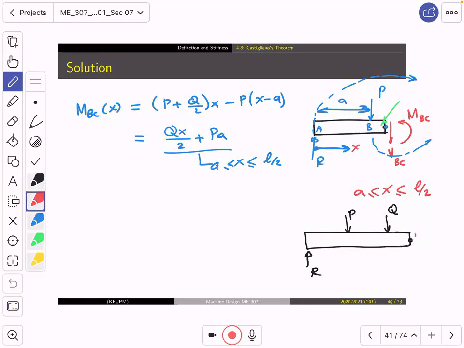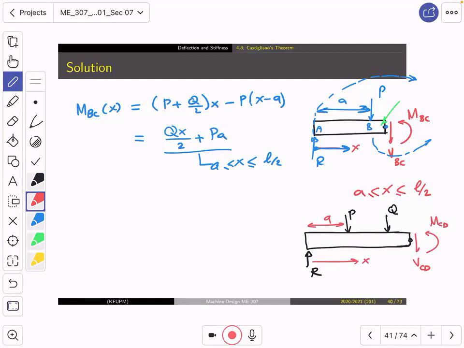Again, I will have a shear force, which I am going to call VCD, and a moment called MCD, because it's between C and D. I should remember that this is A. I am still taking X from here.